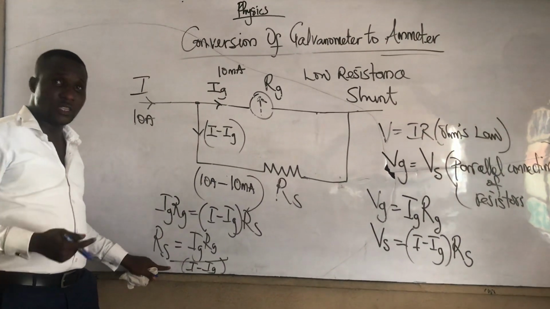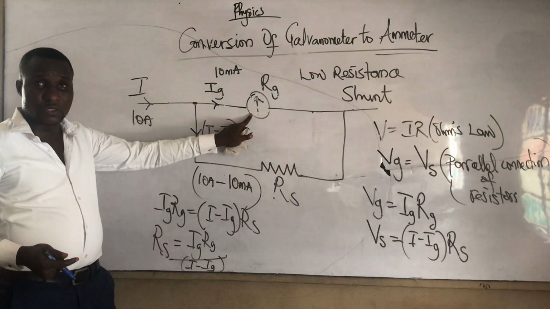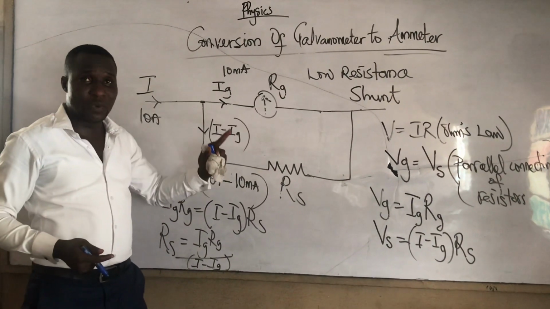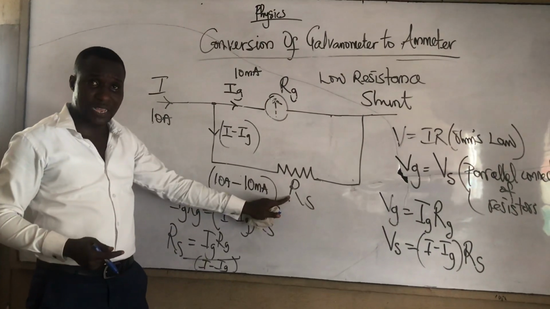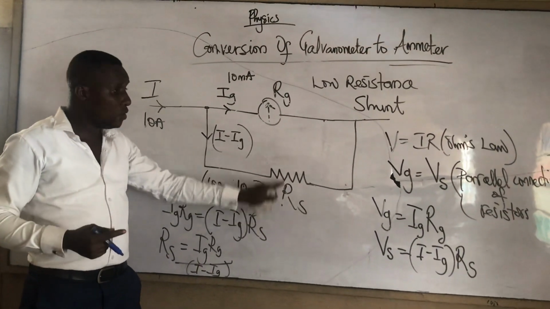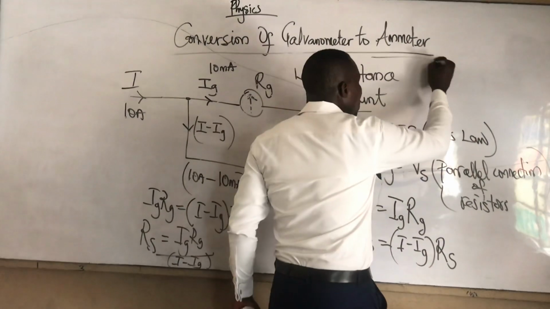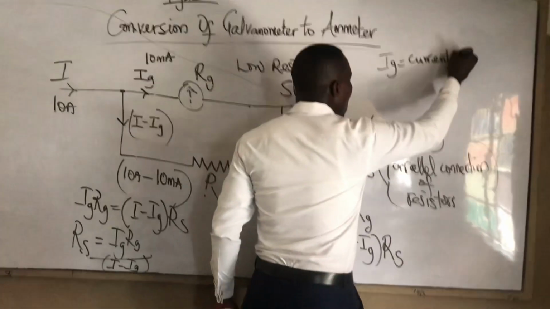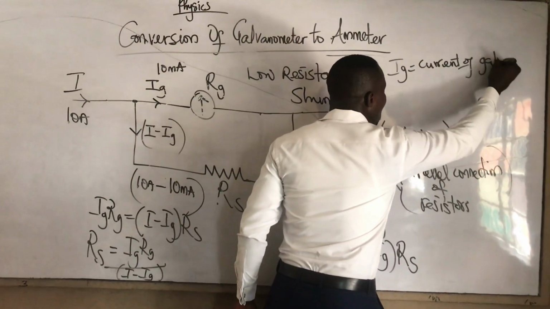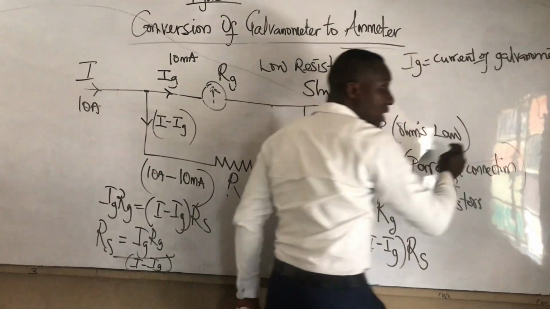This is the formula to calculate the resistance of the shunt. Whenever a galvanometer must be converted to an ammeter, the shunt is required, which is a low resistance wire that must be connected in parallel. Then what is Ig? Ig is the current of the galvanometer, or the current that flows through the galvanometer, which is given in milliampere.